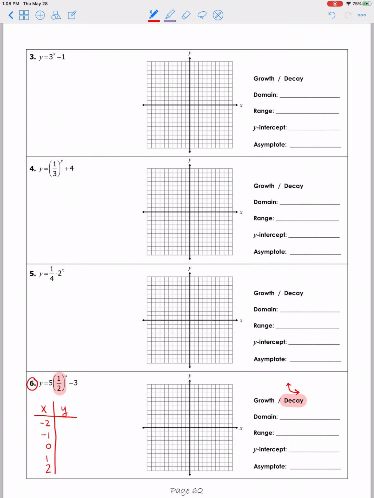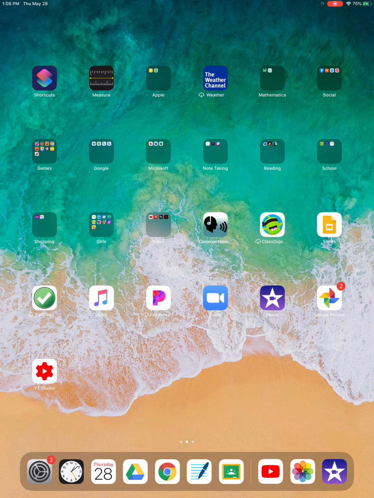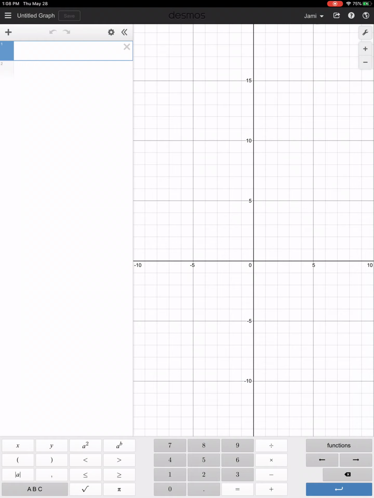All right, so if we take 5 times 1/2 to the negative second power, I'll go ahead and show you how you can use Desmos to help you get this table of values. So I'm going to open up my Desmos app. You can use Desmos online, or you can download the app. You just go to desmos.com, and we're going to type in our equation right here in the spot where we want to graph.